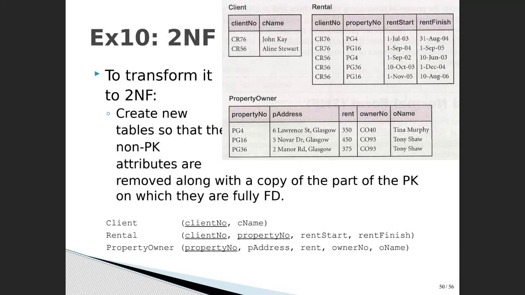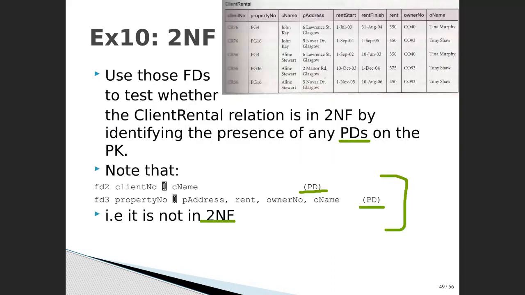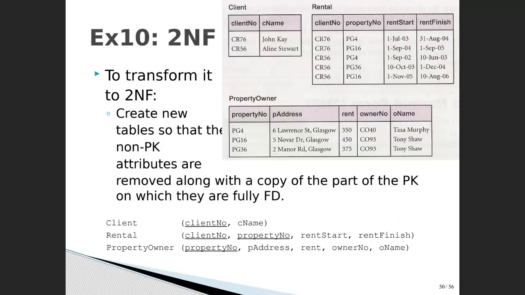So what we need to do is remove them and place them in separate relations. For example, the first one, the client, as we said, is partial. So they took this relation from the first approach, not the second one. The second one, we already separated the client, right? Yeah, the client number is taken with the client name.